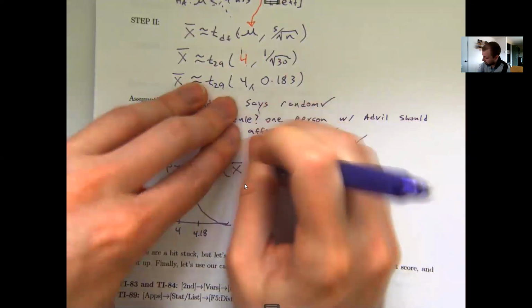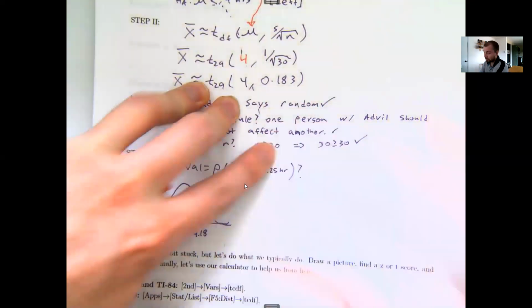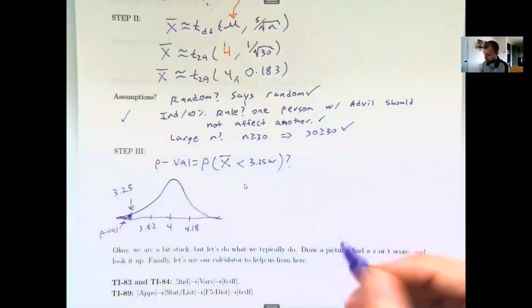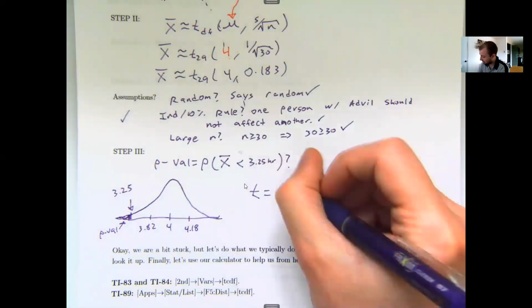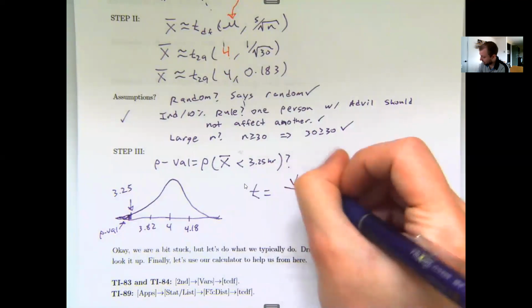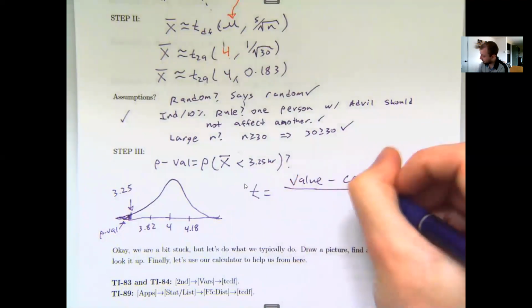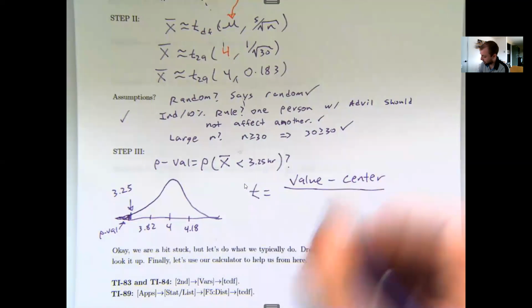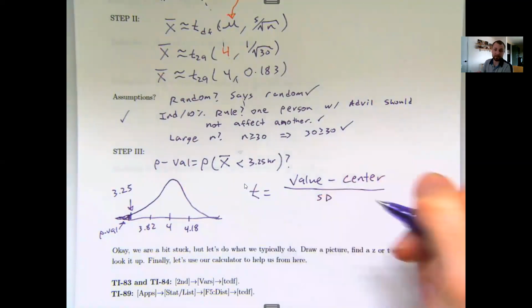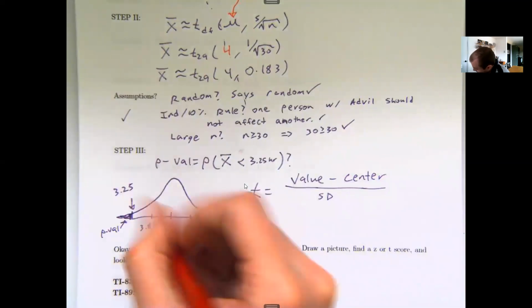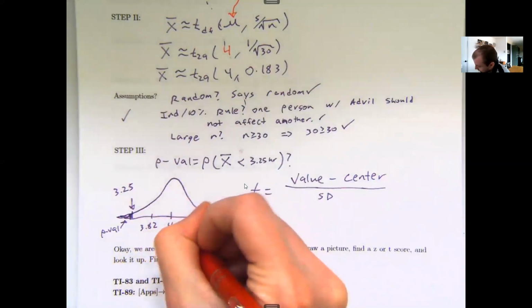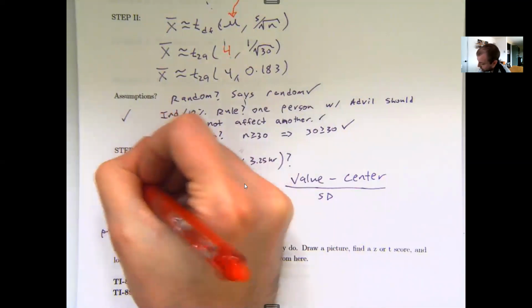So let's go ahead and calculate this t-score, and then let's look it up. T is my sample value minus the claim in the center divided by my standard deviation. So p-values always compare your claim and your sample data.